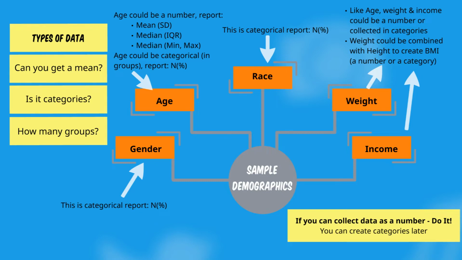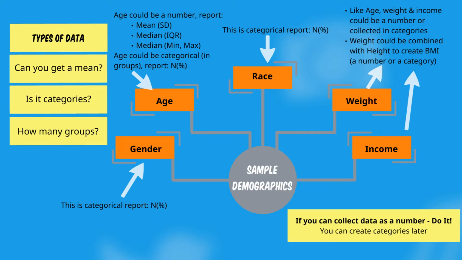Weight. Weight is another variable that could be captured as a number. How many pounds or kilograms does someone weigh in a number? Weight could also be captured as a category where someone checks a box that indicates that they weigh between 150 and 159 pounds. If it's captured in categories, you cannot create a mean value from that.